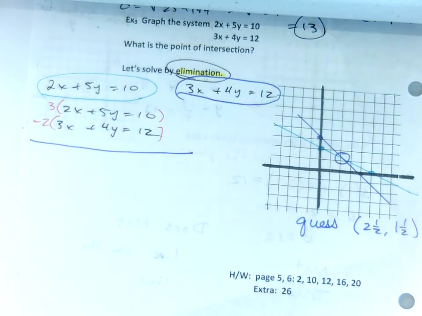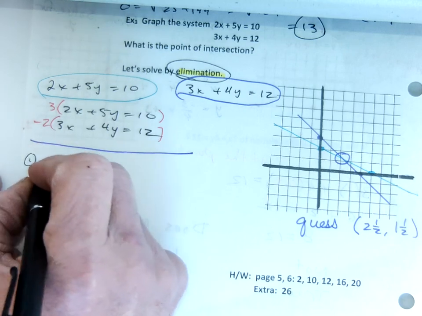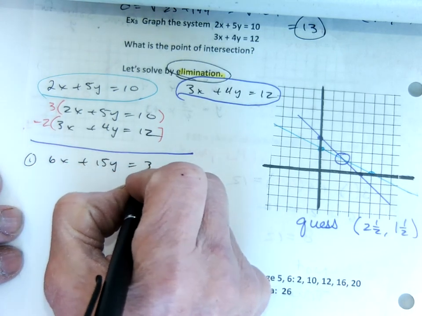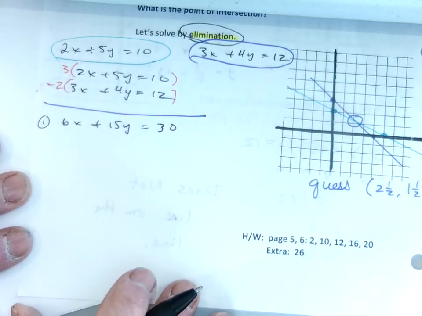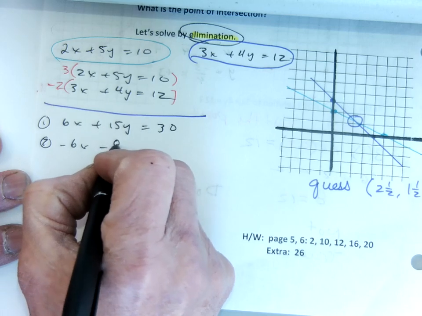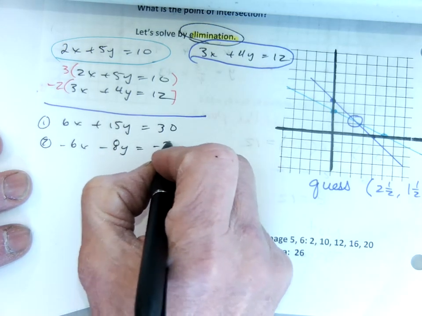Okay, so now let me rewrite equation 1. Equation 1 now is 6x plus 15y equals 30. And equation 2 is -6x minus 8y equals -24, okay?